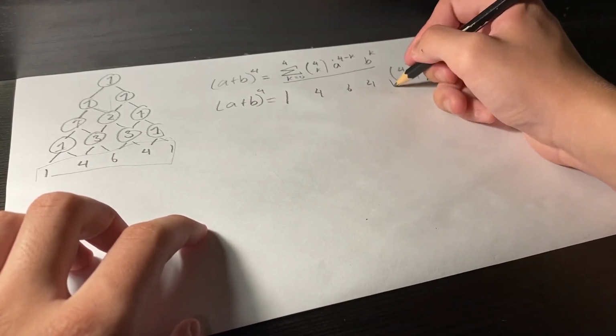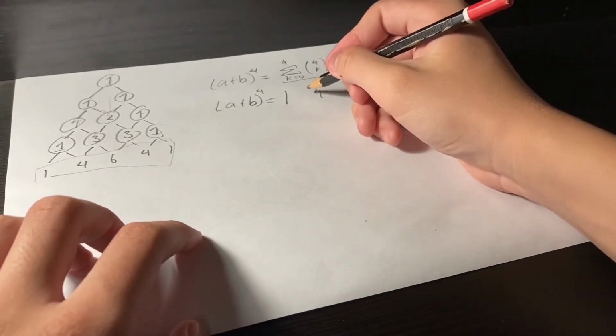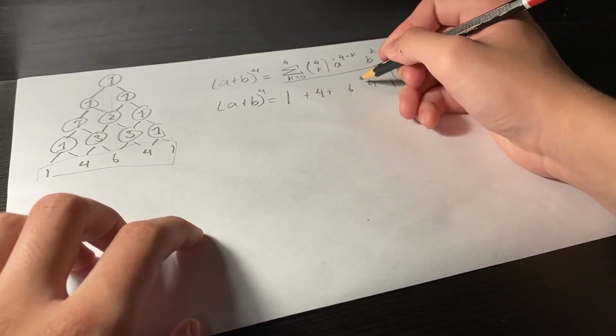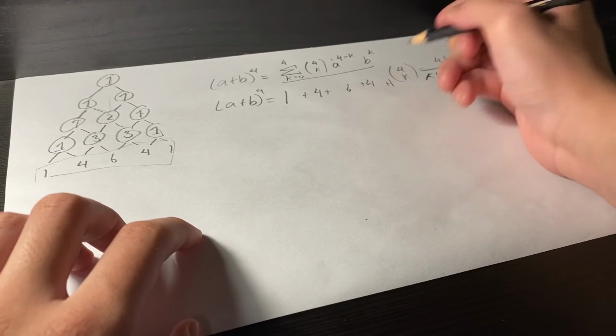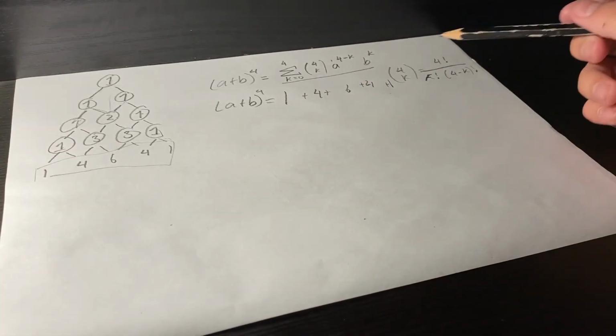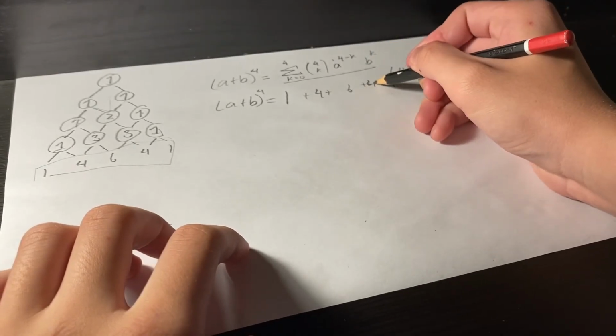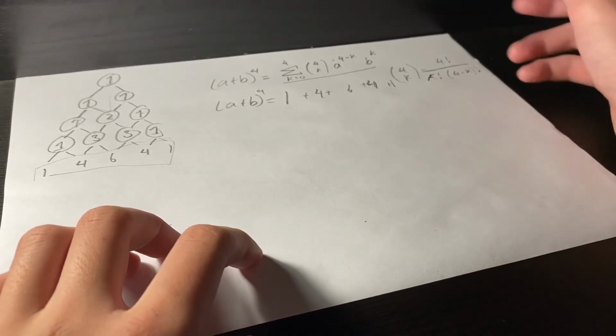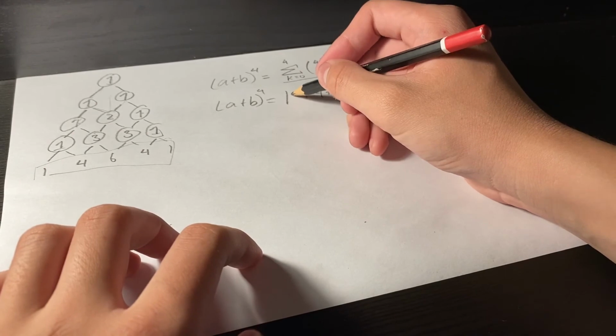So what are the variables that we put here? We know the leading coefficients, but we don't know the variables. And let me tell you, the variables are very easy to find out.